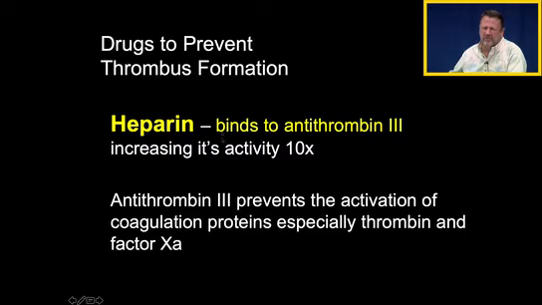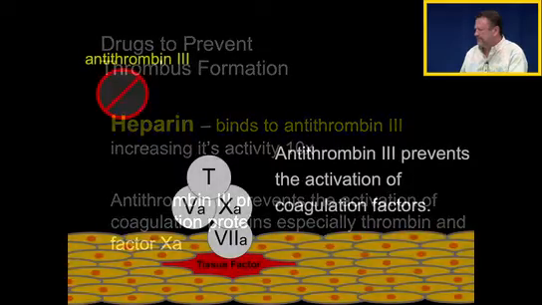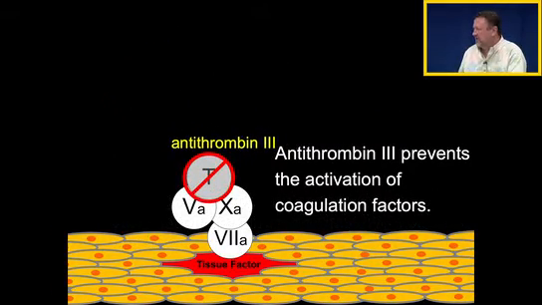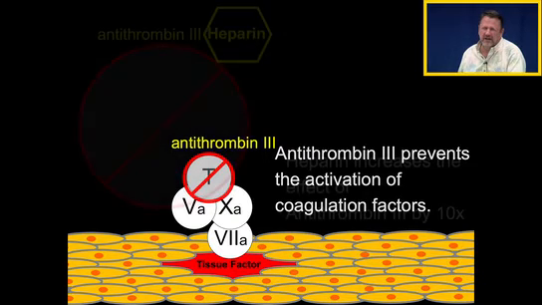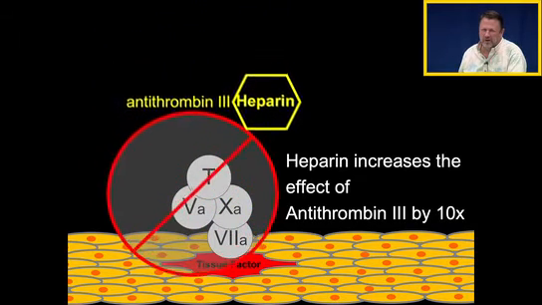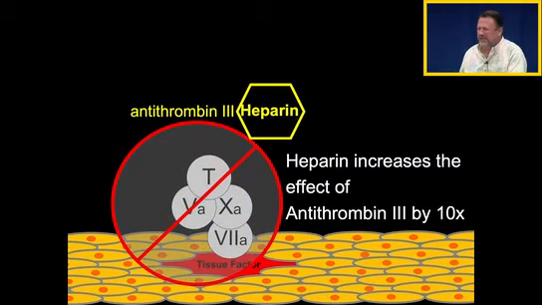So antithrombin 3 prevents the activation of the coagulation cascade, coagulation proteins, especially by interfering with thrombin and factor 10A. And so again, antithrombin 3 interferes with thrombin and factor 10A, and in the presence of heparin, it increases its abilities by tenfold. And so you might hear heparin referred to as an antithrombin 3 activator or antithrombin 3 facilitator.